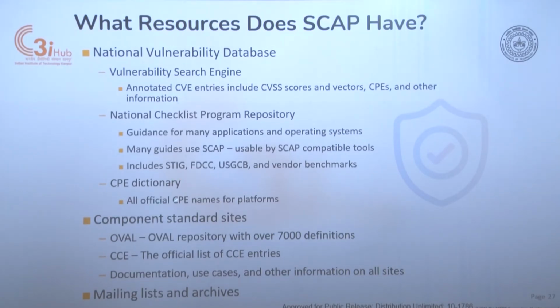You have the CPE dictionary that we looked at in the previous class on the MITRE website. You also have the OVAL repository, with over 7,000 definitions as XML files. You have the CCE, the official list of the CCE entries, and you have various documentation, use cases and other information, and there are other mailing lists and so on.